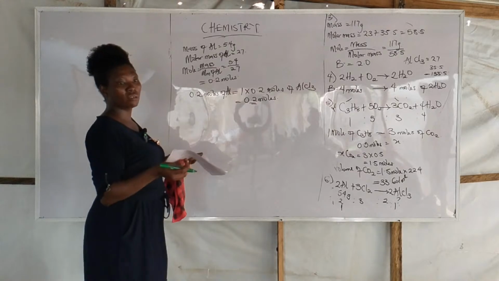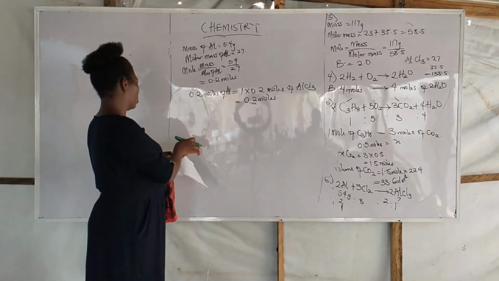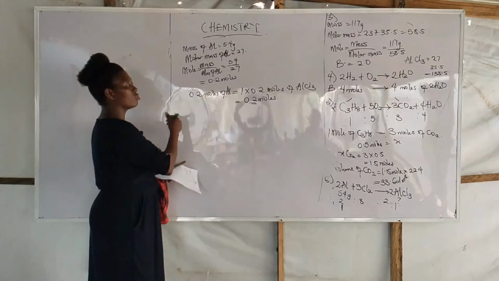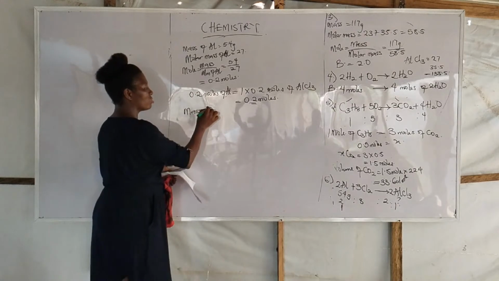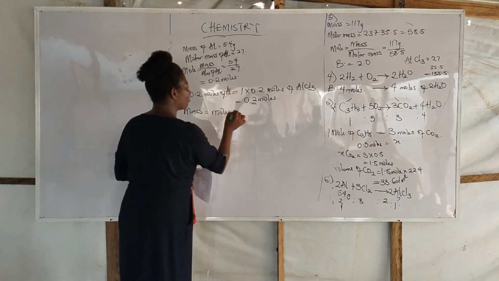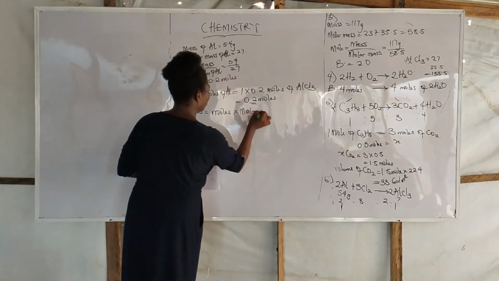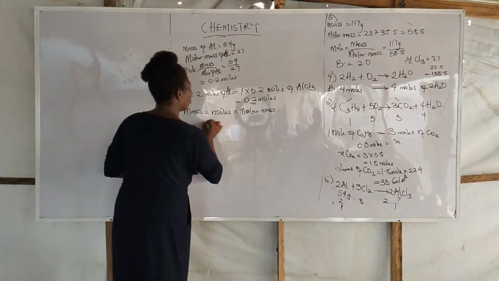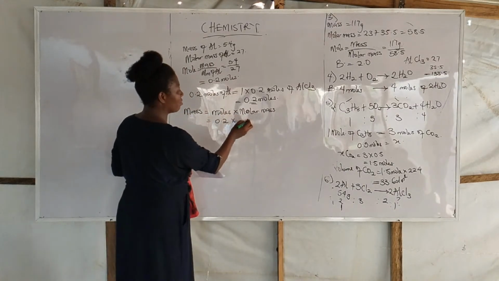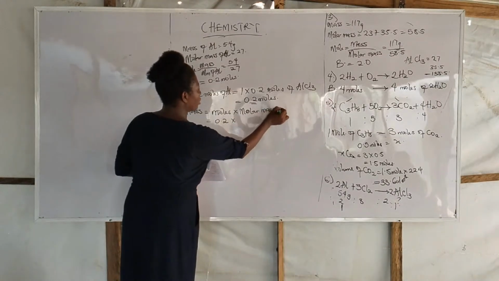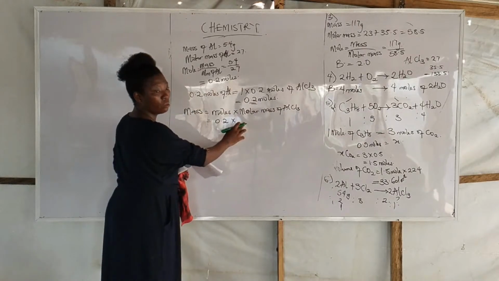So now, are you with me? When we are having 0.2 moles of that, you should know that you can now calculate our mass, knowing that mass is moles times molar mass. Am I right? What is the mole here? 0.2 times what is the molar mass we got here? Molar mass of aluminium chloride. What is the molar mass?